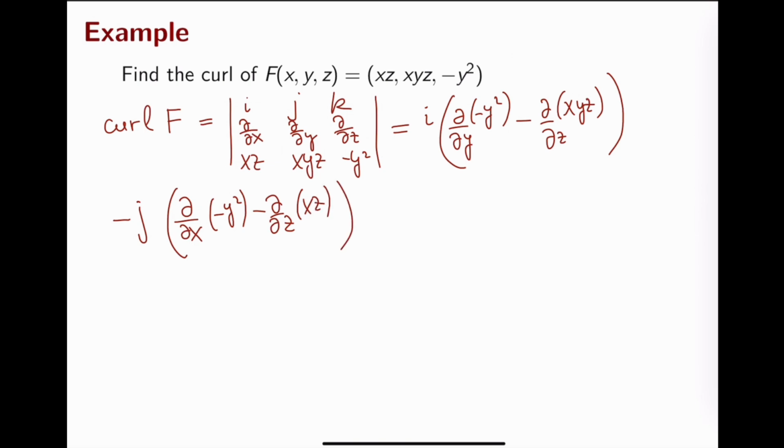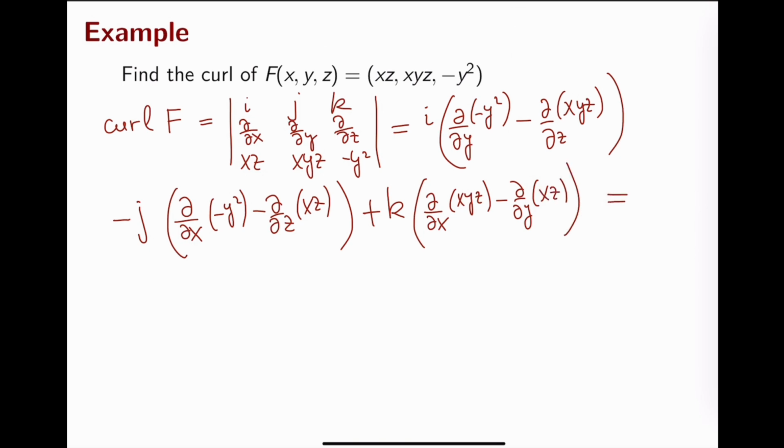That's the second component of the vector field curl. And then we are going to have the last component, that is when we eliminate this, the determinant of this will be this minus this. And so in our case, it will be the derivative with respect to x of xyz minus the derivative with respect to y of xz.